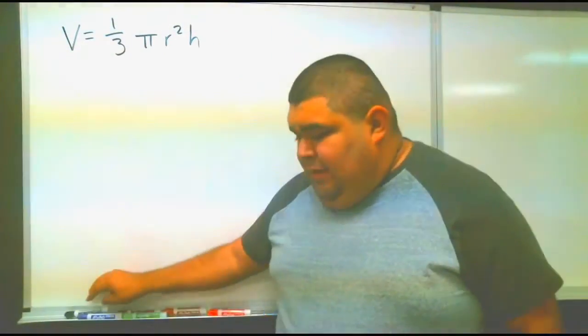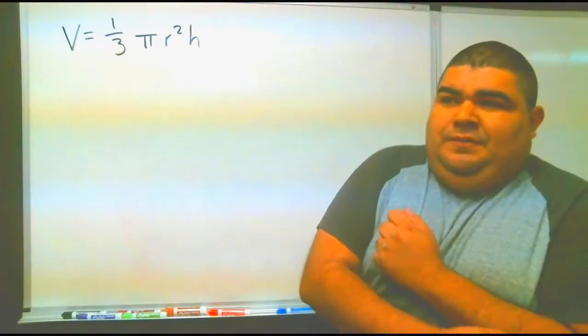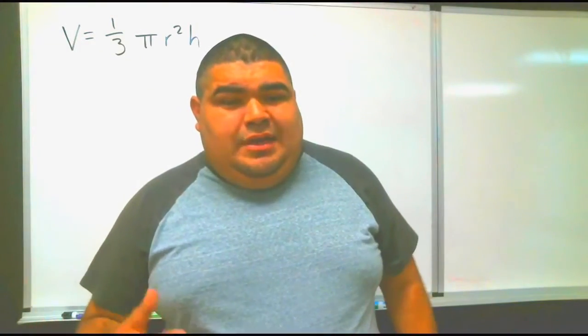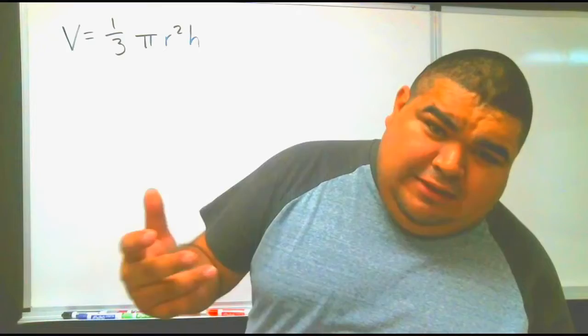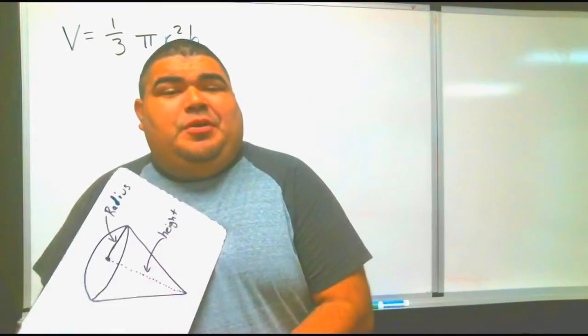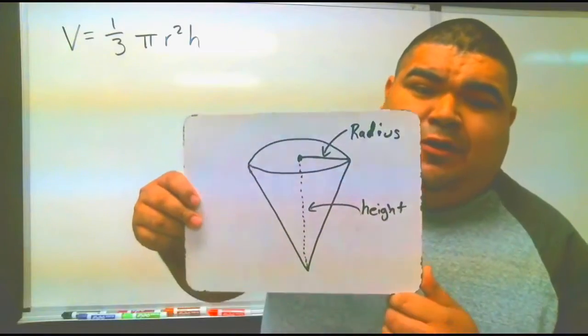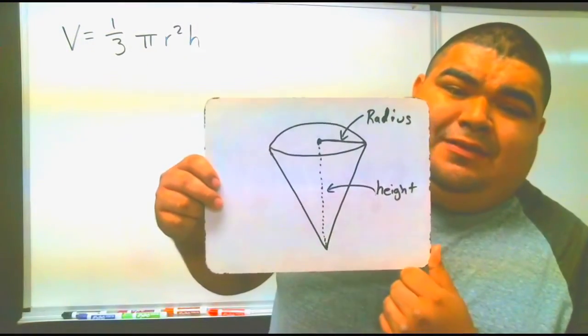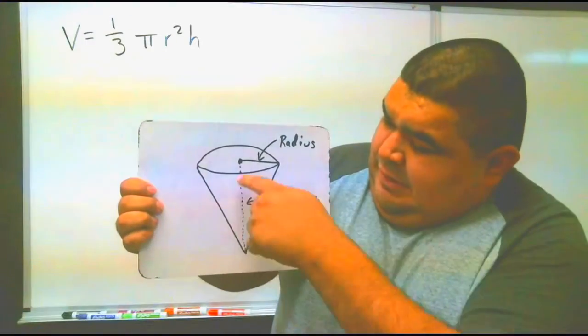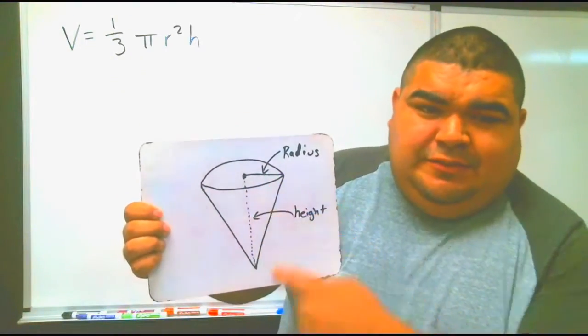Now that we know the equation, if you remember last class, the cone had the altitude, also known as the height. All we really need of the cone are the radius and the height. Remember, the altitude is also known as the height.